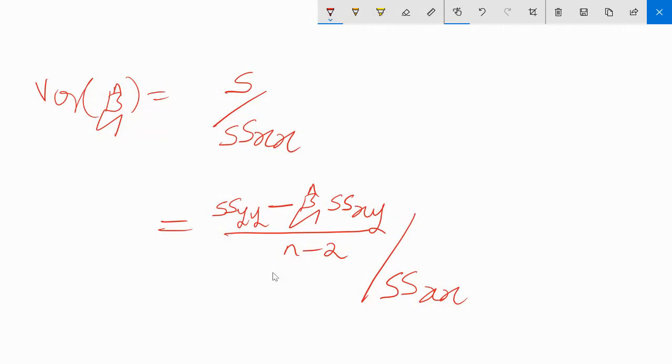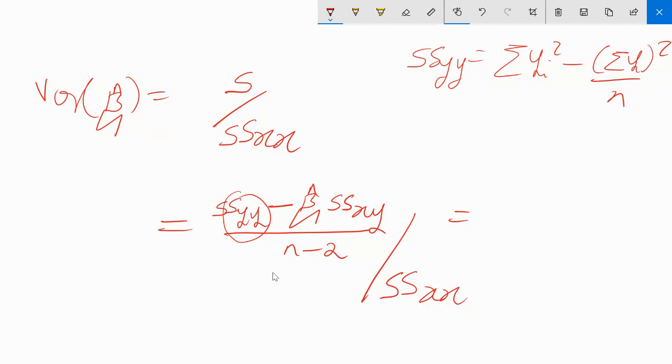And this is going to be equal to, so for this, we have to calculate this first, which is summation of yi squared minus (summation of yi) all squared divided by n.